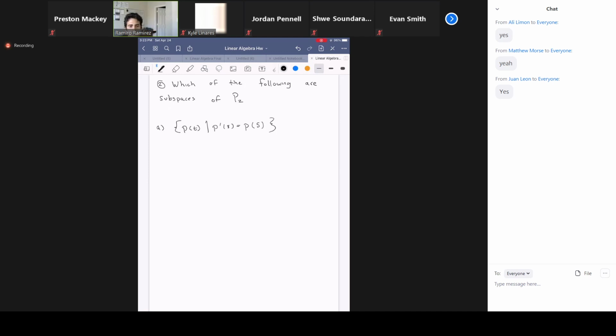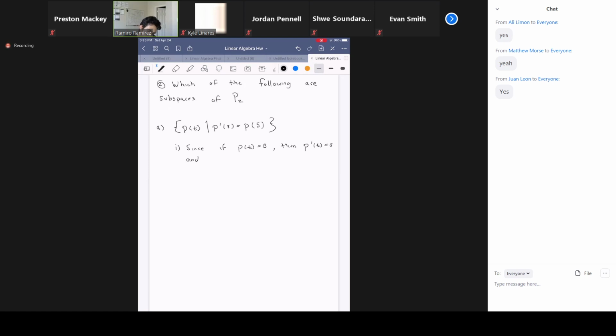Okay, well, remember, all we have to do is check 3 things, right? We need to check that the 0 vector is in there, it's closed under addition, and closed under scalar multiplication. So first thing, is 0 in here? Yes, of course, right? Since if P of T is equal to 0, then P prime of T is equal to 0.